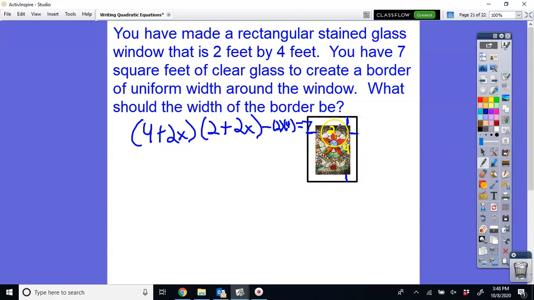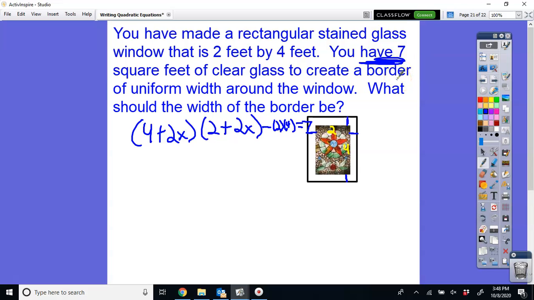The 2 times 4 is the actual stained glass in the middle. So I need to take that away from the rectangle, which includes everything, before I set it equal to how much I have, and so how much I can actually make the width of the border be.